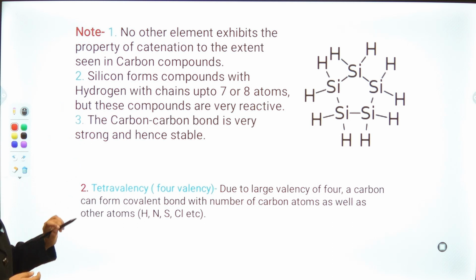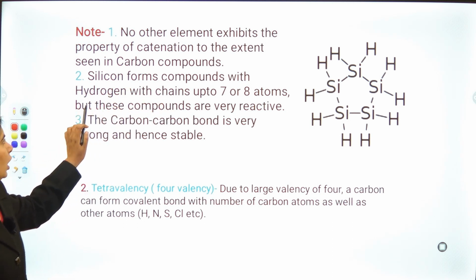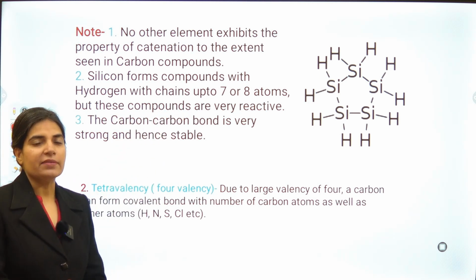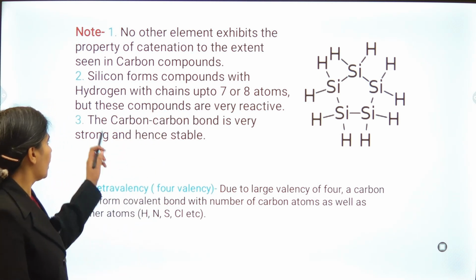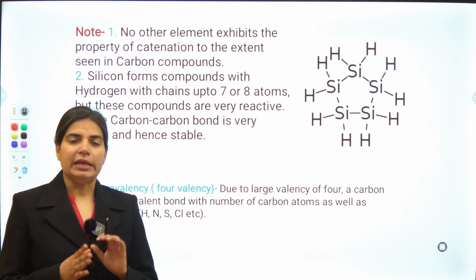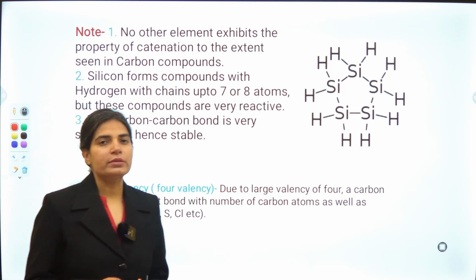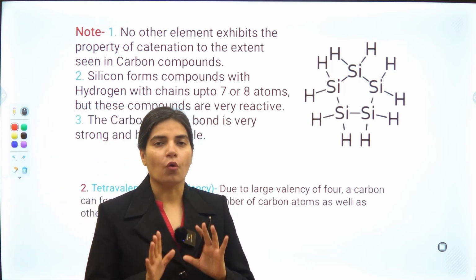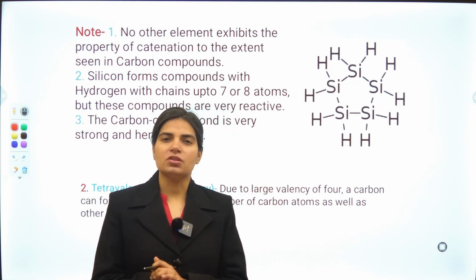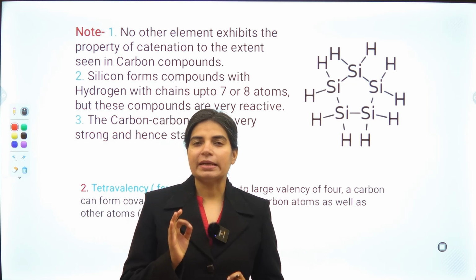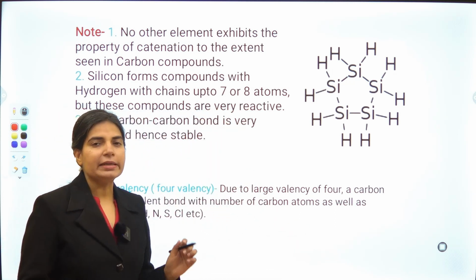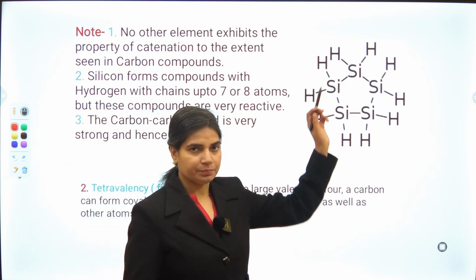The second point is that silicon forms compounds with hydrogen with chains up to 7 or 8 atoms, but these compounds are very reactive. It means silicon also shows catenation, but not to the same extent as carbon.